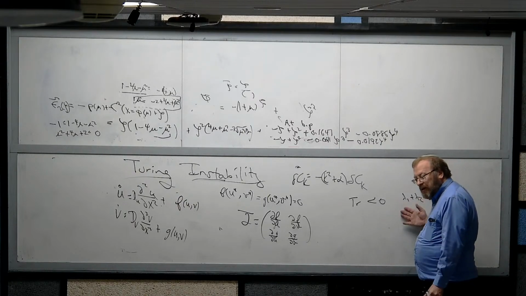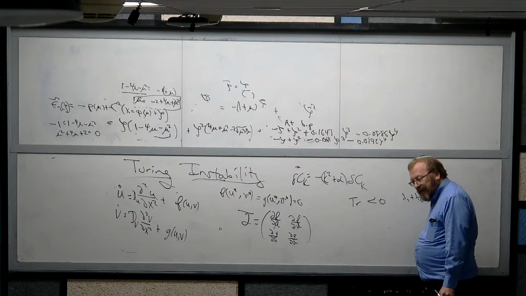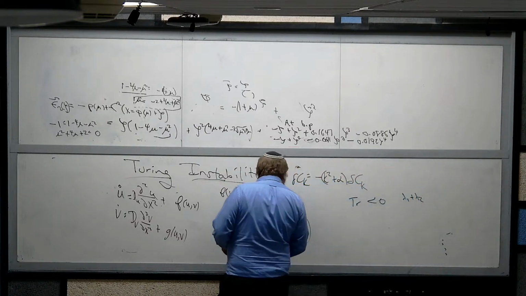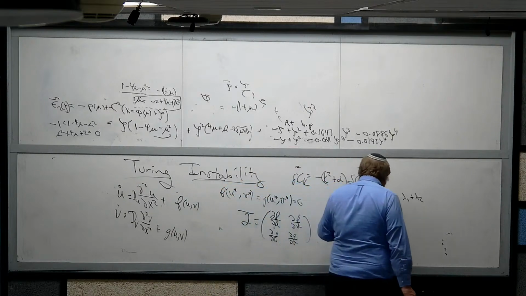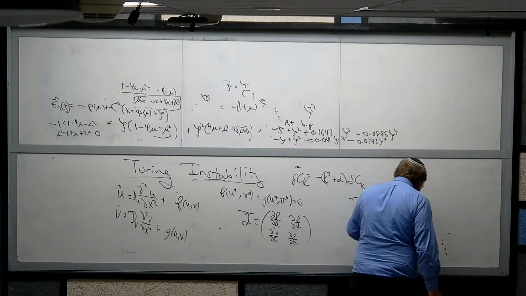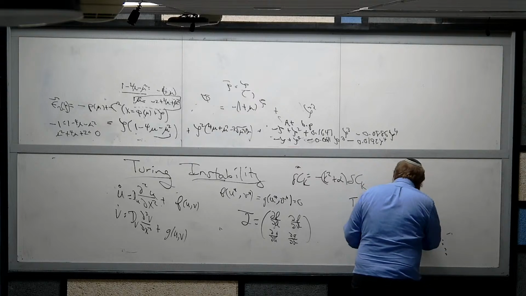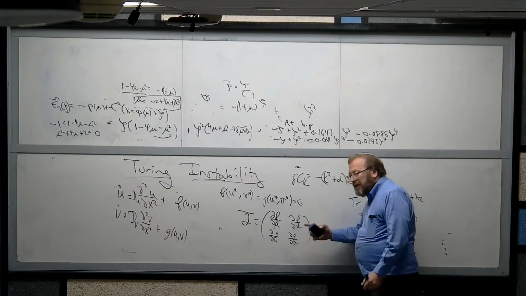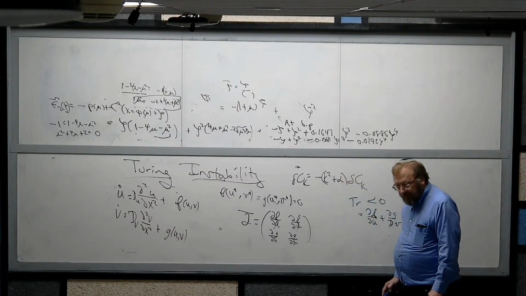So the trace, df du plus dg dv, has to be less than 0. So at least one of them has to be negative.